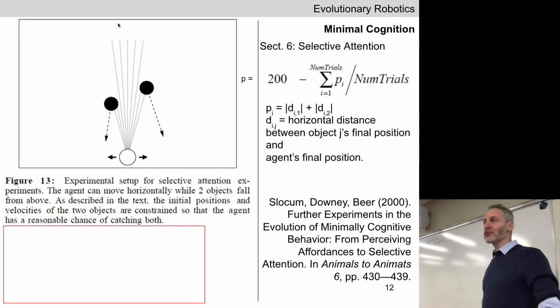As always, we're going to drop some objects from the top of the screen. In the selective attention experiment, we're going to drop pairs of objects, but these objects are not connected together. They fall independently. As you can see from the black dashed arrows here, this particular object is falling down and to the left at a slightly slower velocity than this object, which is falling down and to the right at a faster velocity.